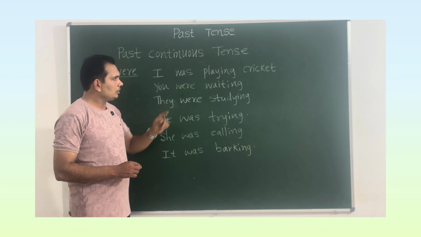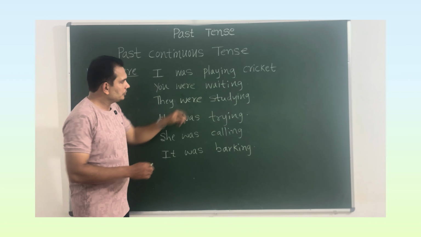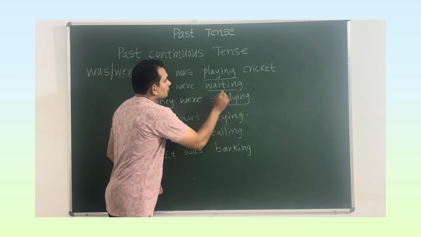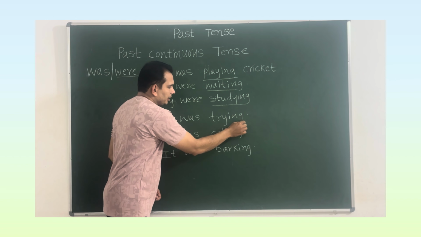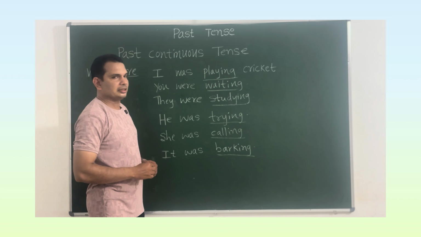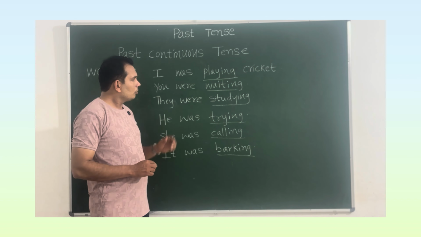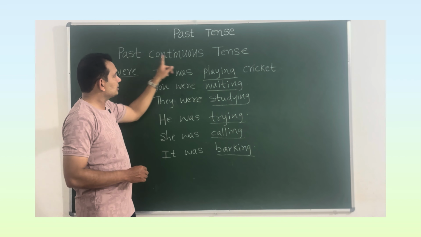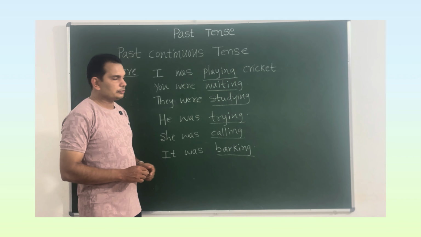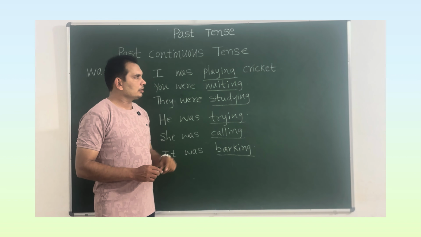All these sentences are positive sentences. As you can see here, we have used the ing form of the verbs playing, waiting, studying, trying, calling, and barking. Now let's try to form negative sentences in the past continuous tense using these examples. These are positive sentences. I was playing cricket.